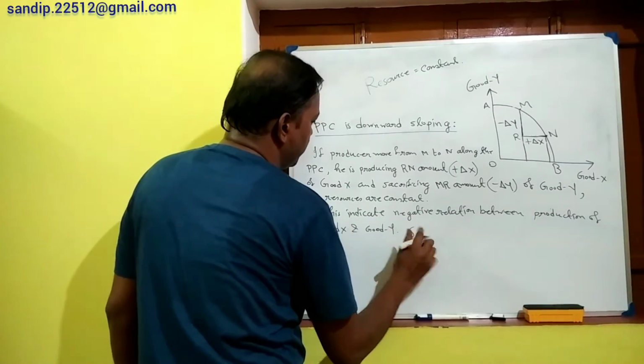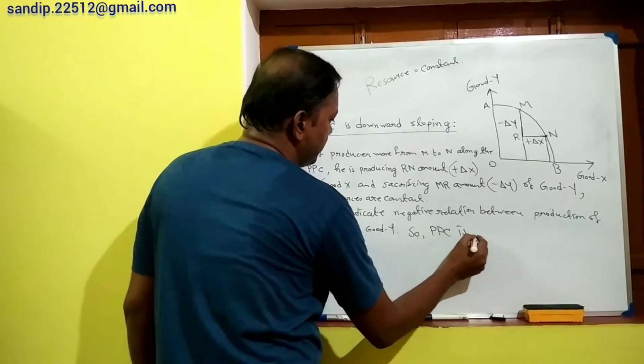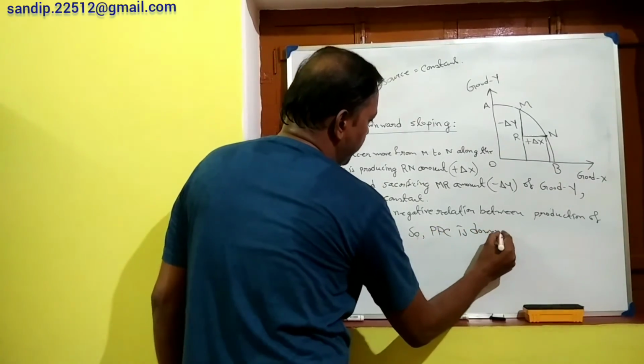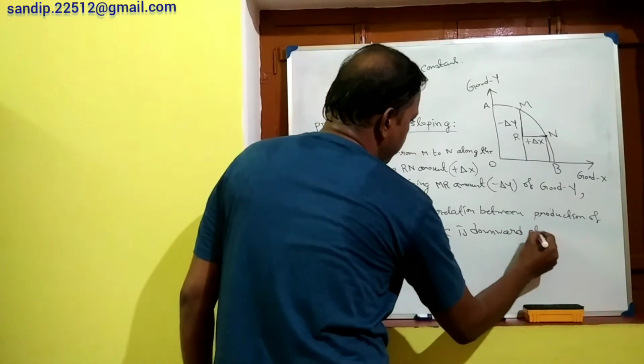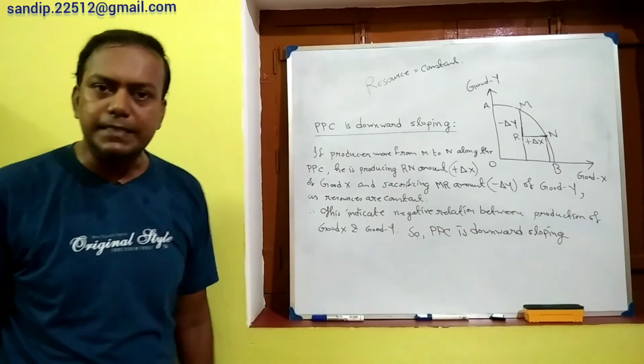So I can say that the PPC is downward sloping. So this one is the proof.